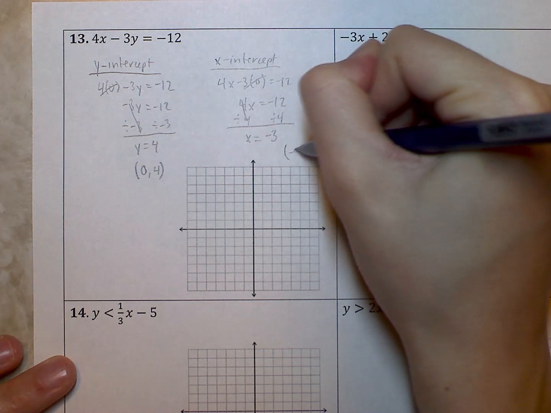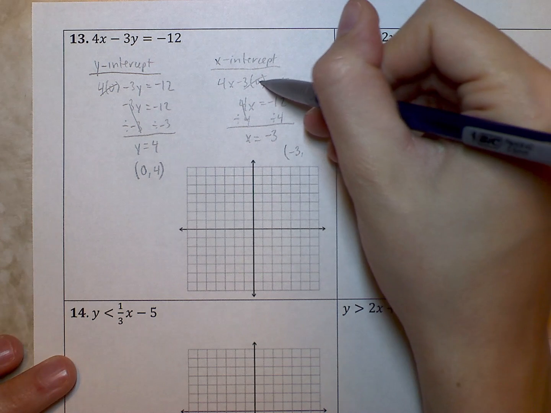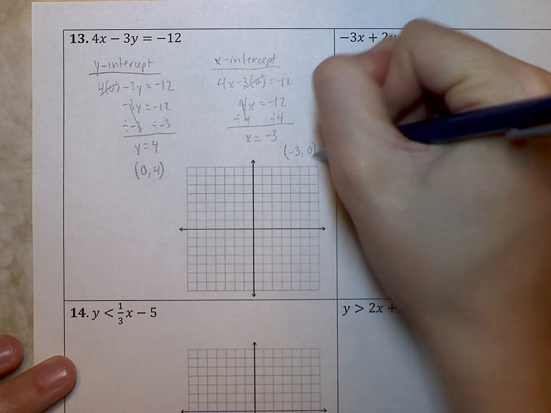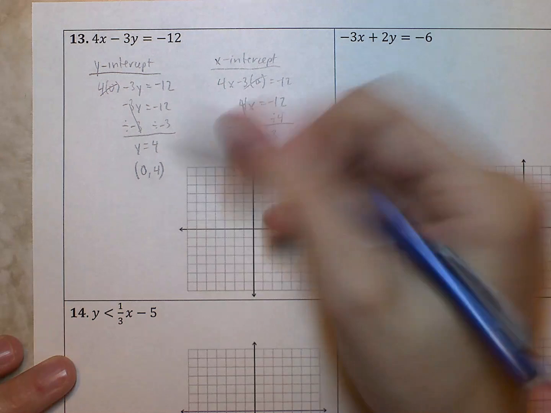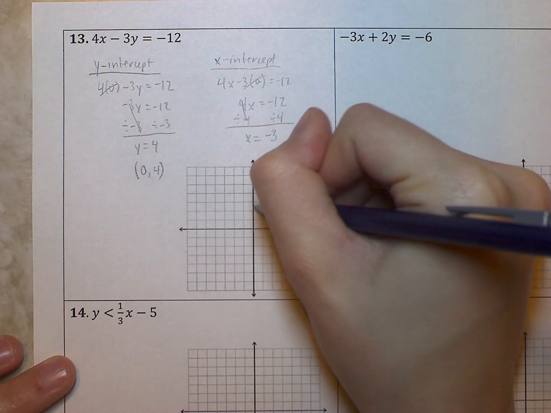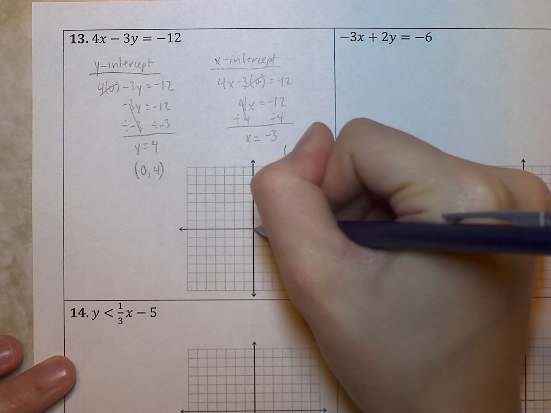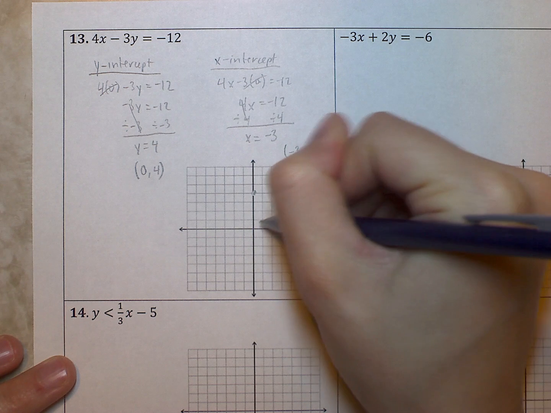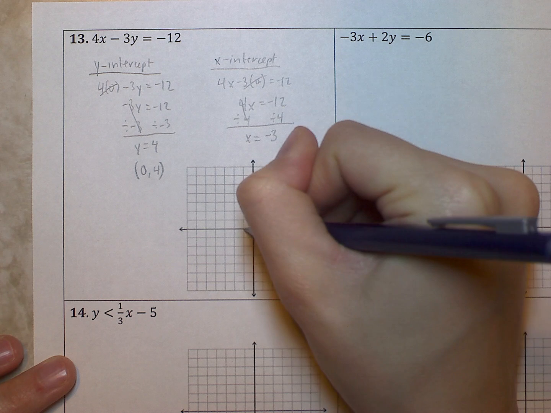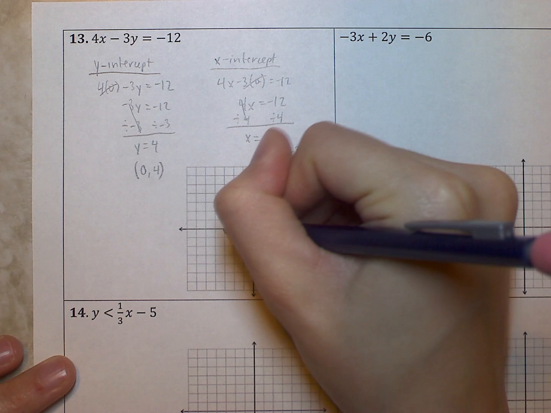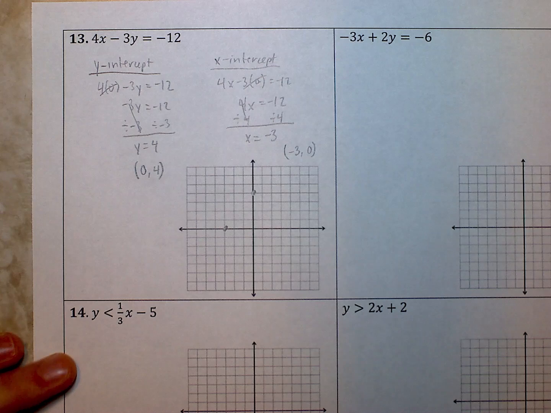When x-coordinate is -3, it's because I plugged in 0 for y. And then I can plot these 2 points. 0, 4, 1, 2, 3, 4. And I can plot this point as well. -3, so I'm going to go left 3. And those 2 points give me the line.